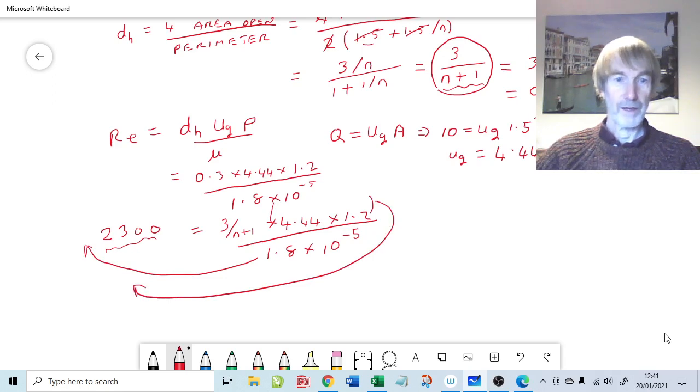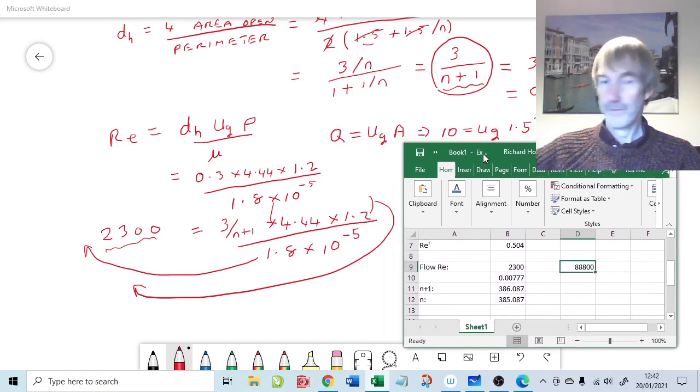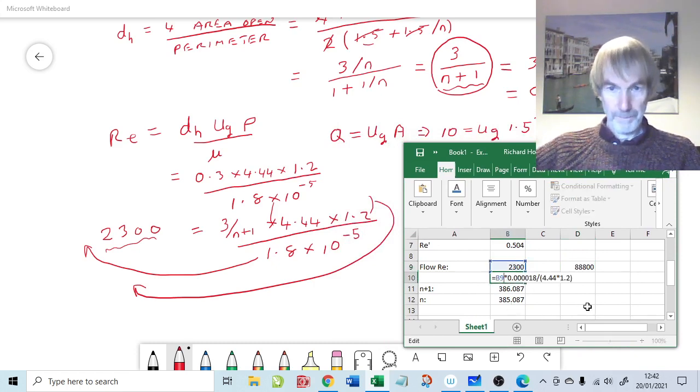So the first thing to do is obviously to take that over here and take these two and divide over here, and that's what I've done on the spreadsheet already. So if I can get back to the spreadsheet, let's move it over here, that's okay. So we've taken an arbitrary threshold of 2,300. 2,300 times by the viscosity divided by the velocity and the density gives us that value.